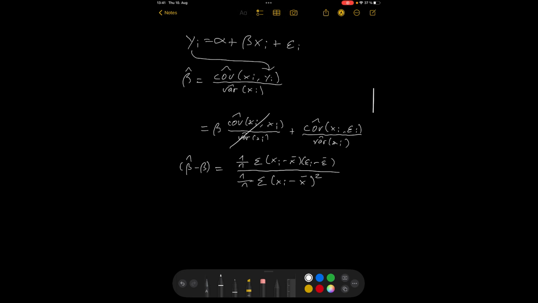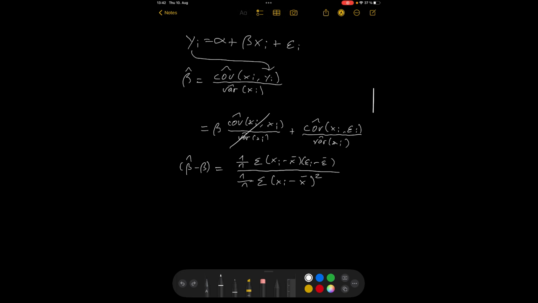Or if you want, we can also put an n minus 1, the degrees of freedom adjustment, in the upper one. But for now, because it makes it easier if we work without the degrees of freedom correction, I'll leave them out.